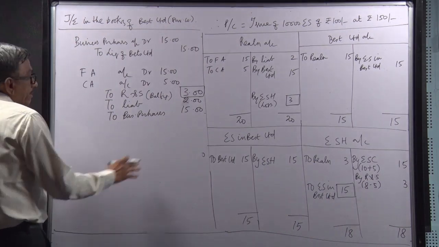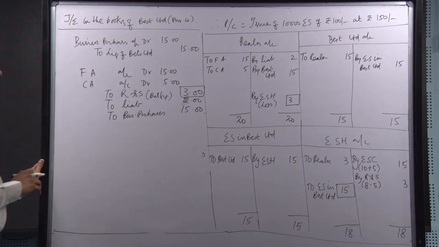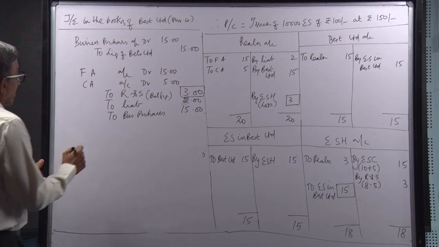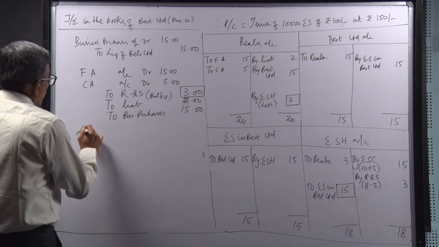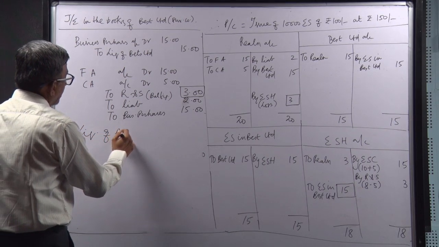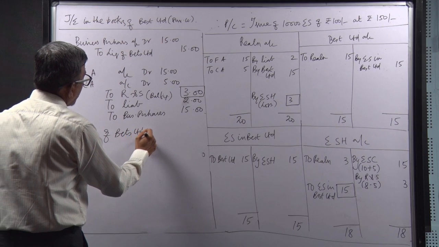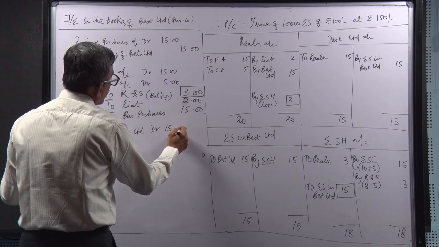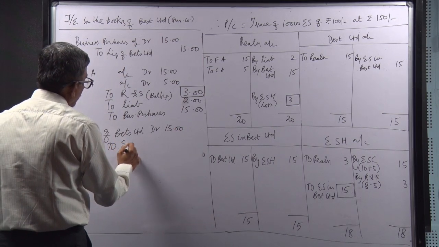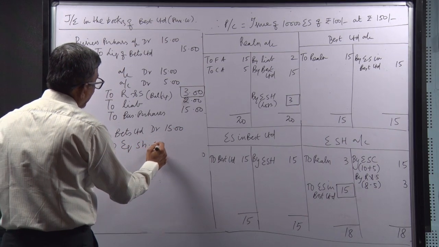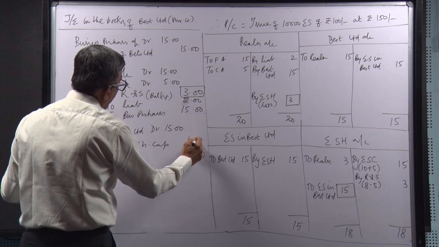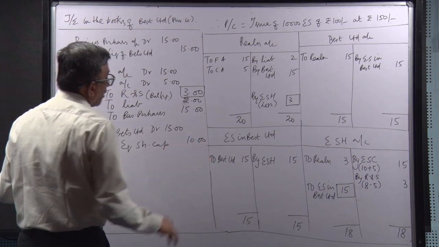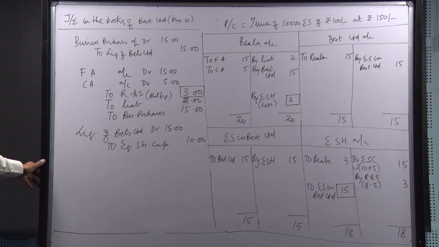Then we have to make the entry for settlement to the liquidator. Third entry: liquidator of Best Limited account debit 15 lakhs, to equity share capital 10 lakh. Why? Because face value is 100 rupees but issued at 150.